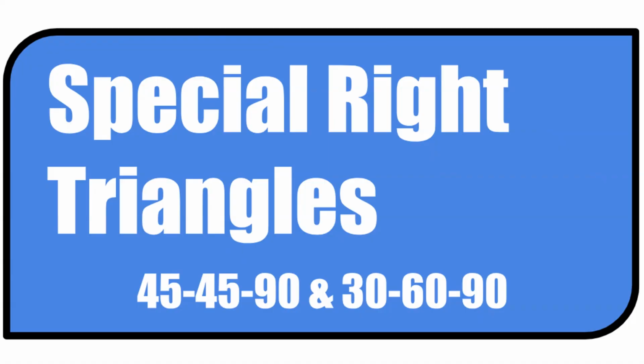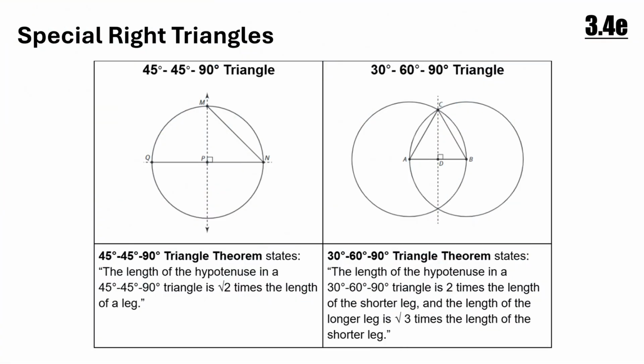This lesson will be over special right triangles. The 45-45-90 triangle theorem states the length of the hypotenuse in a 45-45-90 degree triangle is square root 2 times the length of a leg.